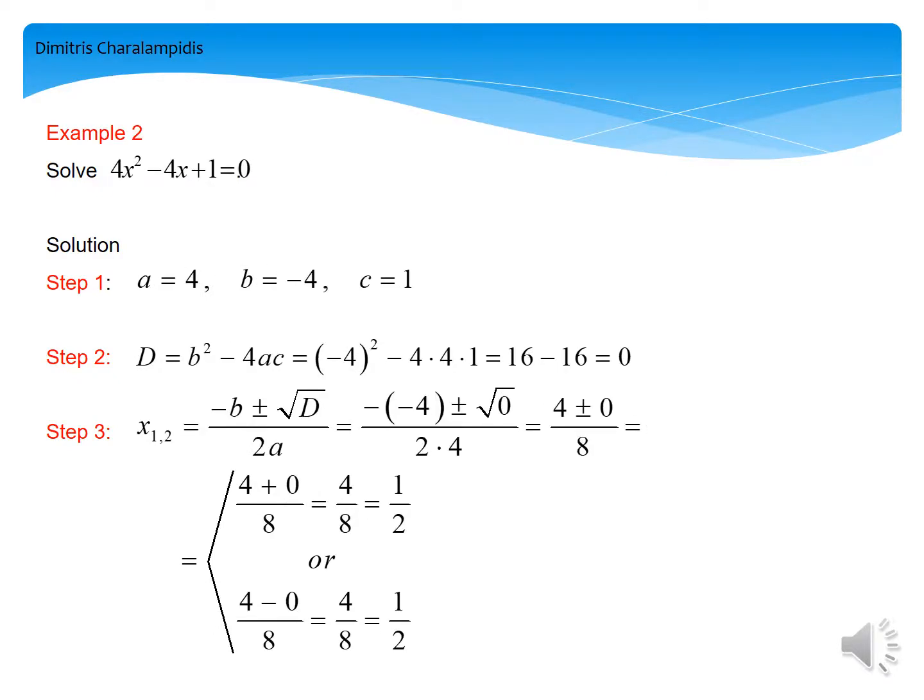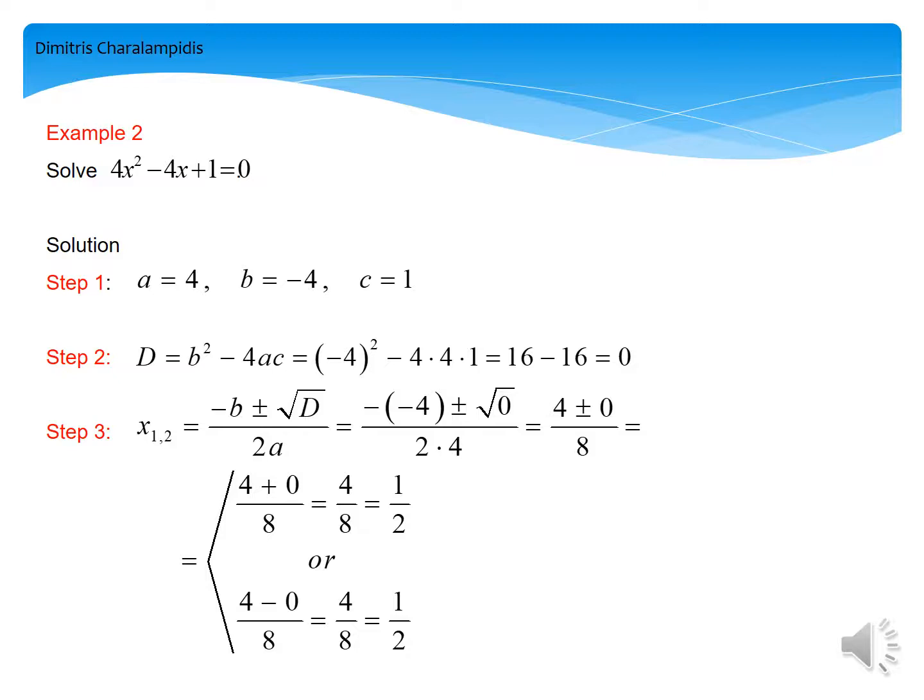Second example, solve 4x squared minus 4x plus 1 equals 0. Once again, in the first step, we'll simply state the values of a, b, and c. Here we have that a is 4, b is -4, and c is 1. In step 2, we'll calculate the discriminant itself.